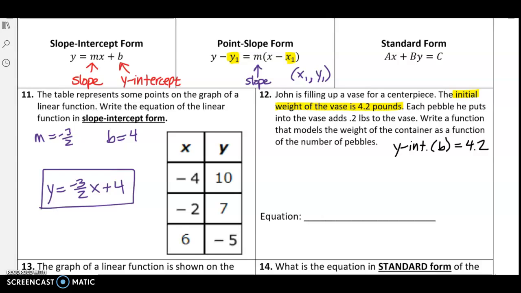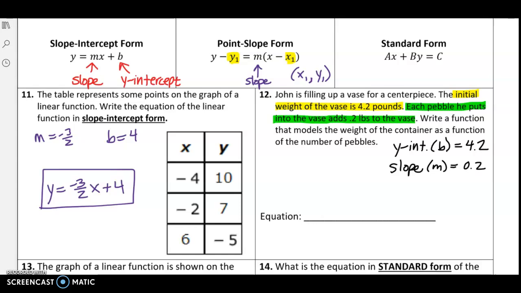And then the third sentence, each pebble he puts into the vase adds 0.2 pounds to the vase. And you see the word each, that's actually kind of important. When we see the words each or every or per, that means slope. So our slope, which is the m, is 0.2.